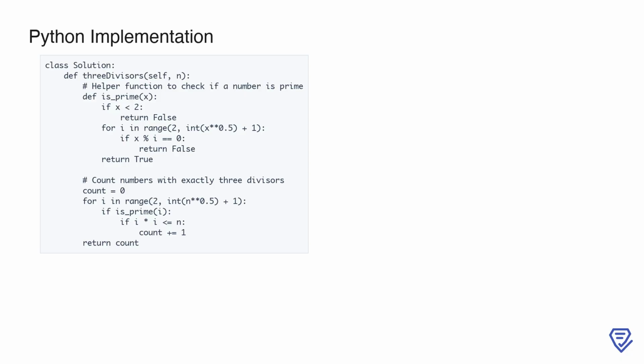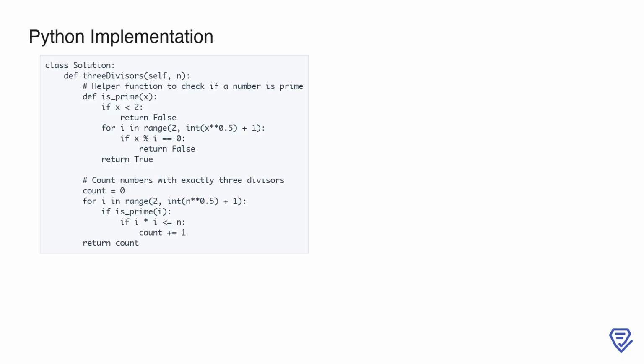2. Helper function. A nested helper function is_prime is defined to check if a number is prime. It works by iterating from 2 to the square root of the number, checking divisibility. If any divisor is found, the number is not prime. 3. Iterating over possible prime bases. The algorithm iterates over integers from 2 to the square root of n. Only values that are prime are considered as potential bases p for p squared. 4.